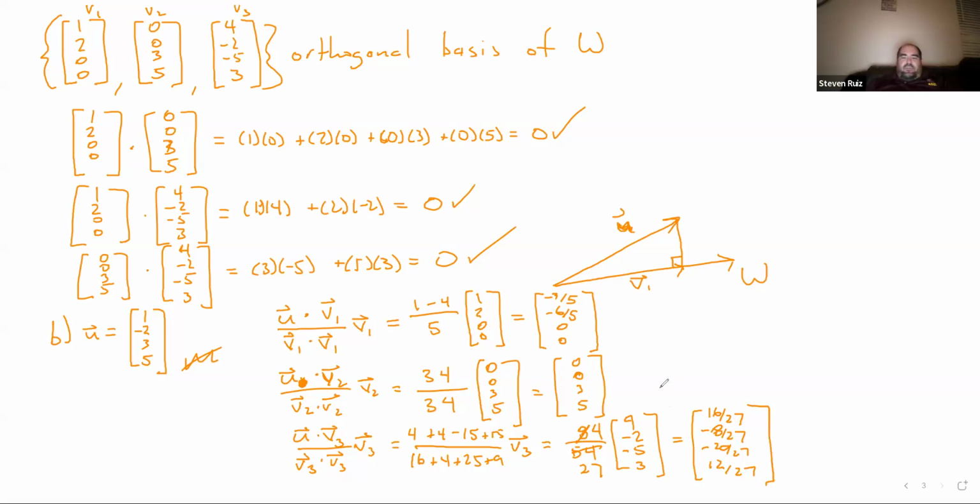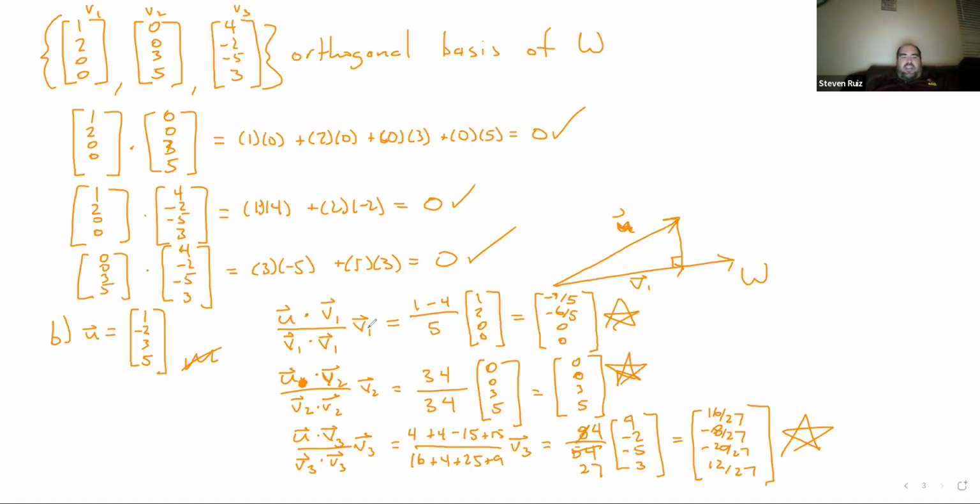All right, so what did we just do? These three pieces right here are basically the components of vectors v1, v2, and v3 that are parallel to u.